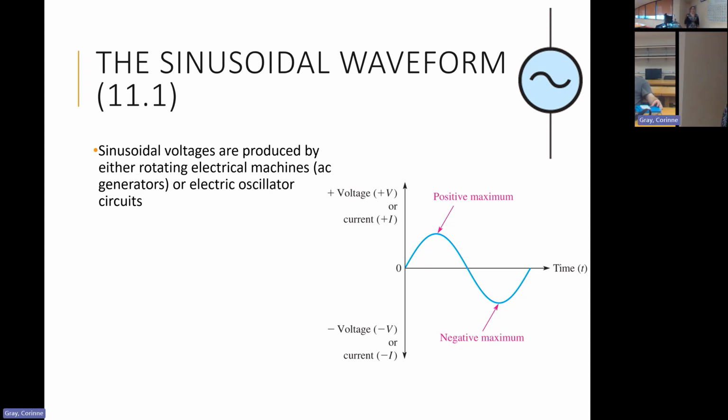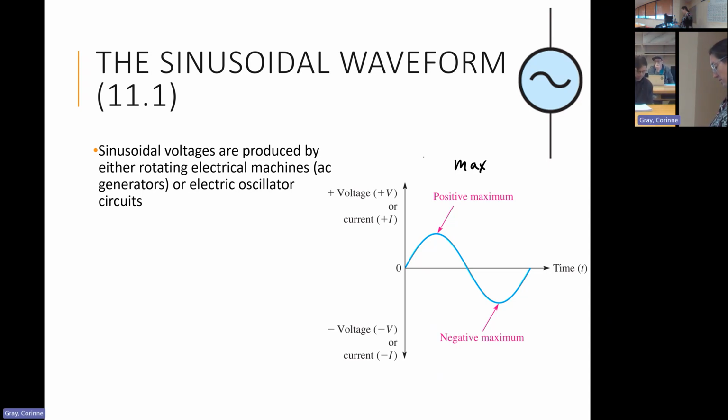So we here have a couple different things that are important. First off, we have our zeros. This would be a location where either the voltage or the current value would be equal to 0. We then have the positive and negative maximums included on here. So for a sine function in general, what is the maximum value for sine?